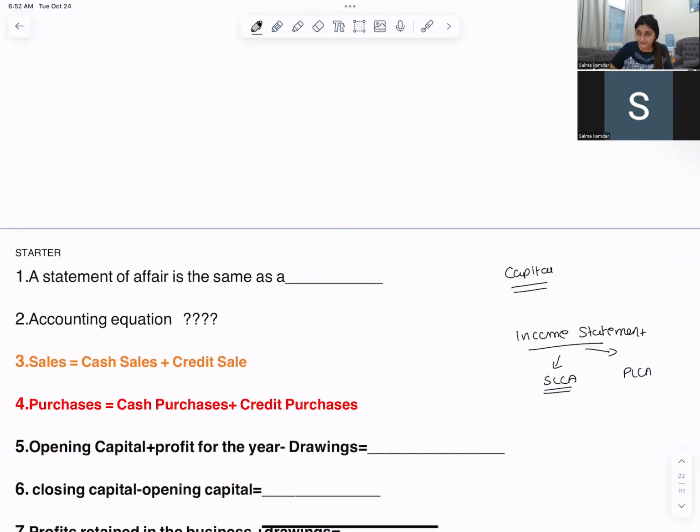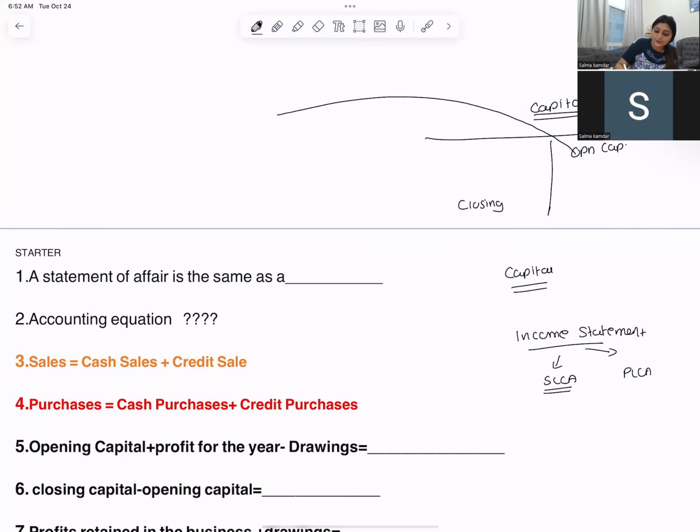Now, another thing, you can also find out profit with the help of the capital account. To find out profits in incomplete records, you need to know your opening capital and your closing capital. If your opening capital is not given, then you will prepare your opening balance sheet. Your opening balance sheet is the same as the opening statement of financial position.